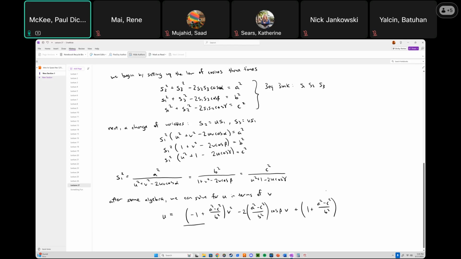And then all of this is divided by 2, and then in parentheses, cosine of gamma minus V cosine of alpha.